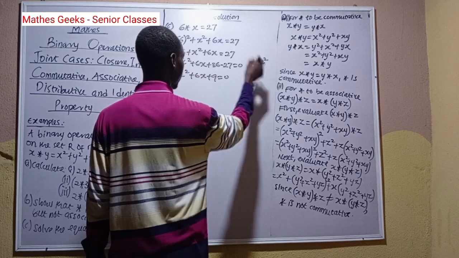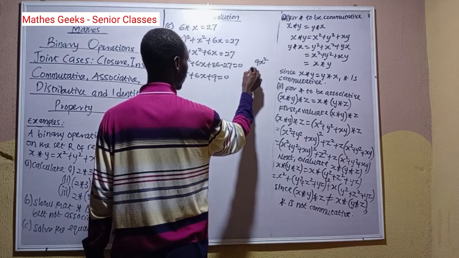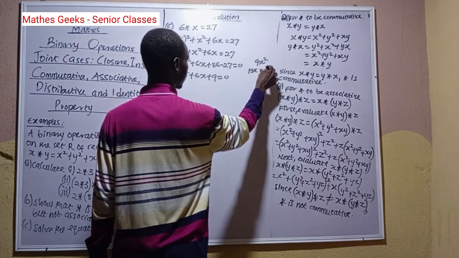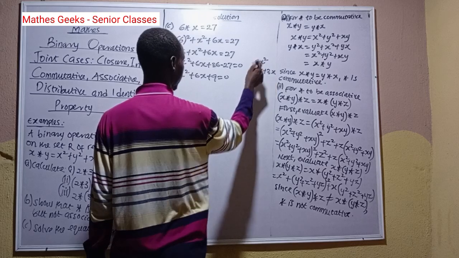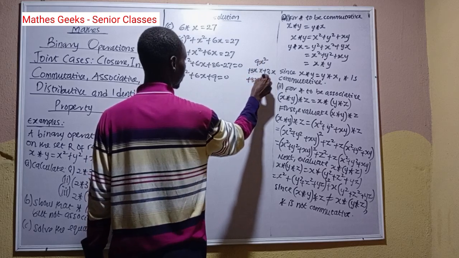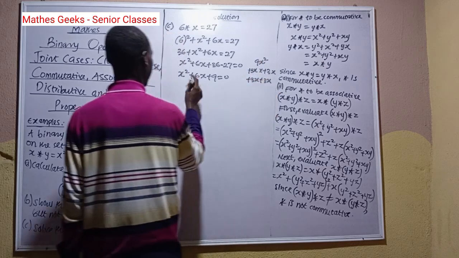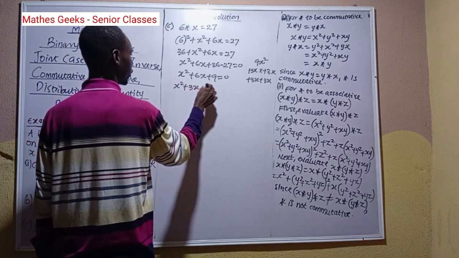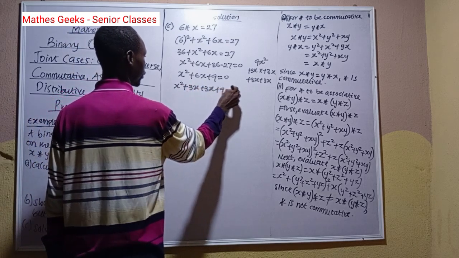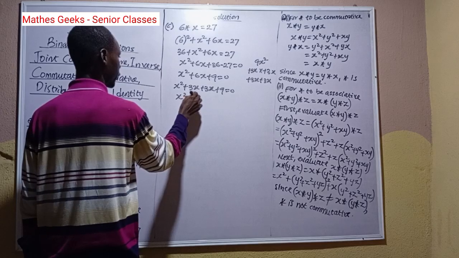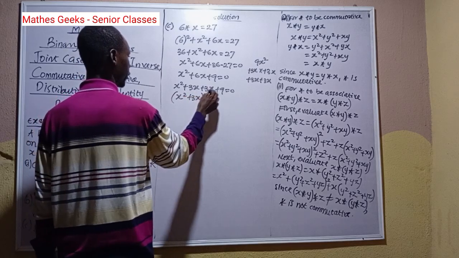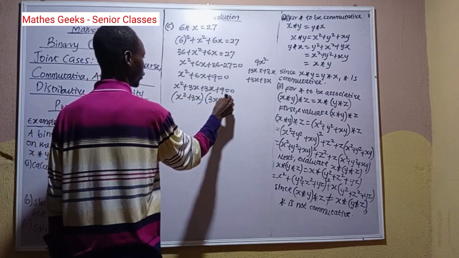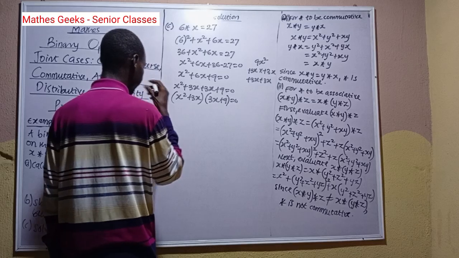Factors of 9x squared are plus 3x and plus 3x. Adding them will give us 6x. So x squared plus 3x plus 3x plus 9 is equal to 0.